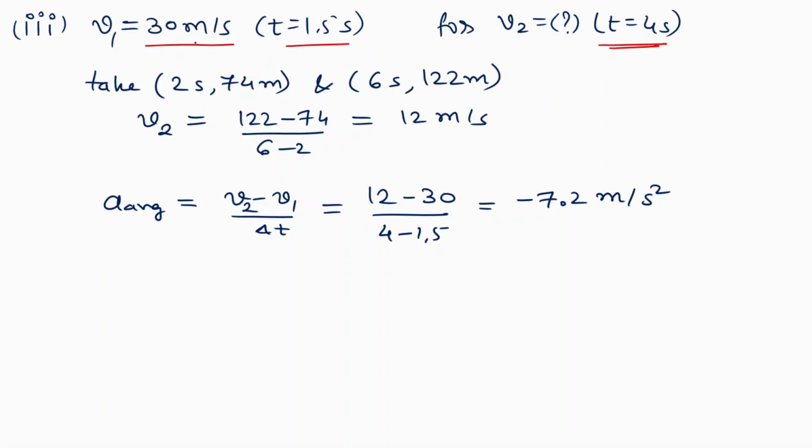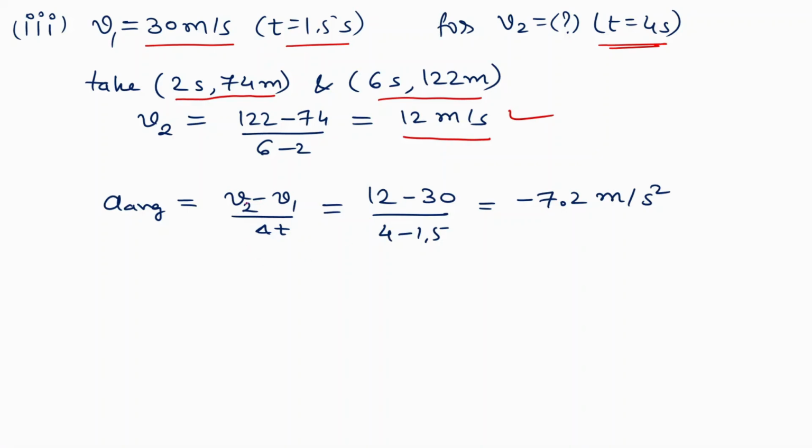So let's take 2 points, one before 4 seconds and one after. You can choose any points. I choose 2 seconds, 74 meters, and 6 seconds, 122 meters. Put these values in and you will get the average velocity at 4 seconds, which is 12 meters per second. Now we have to calculate the average acceleration.